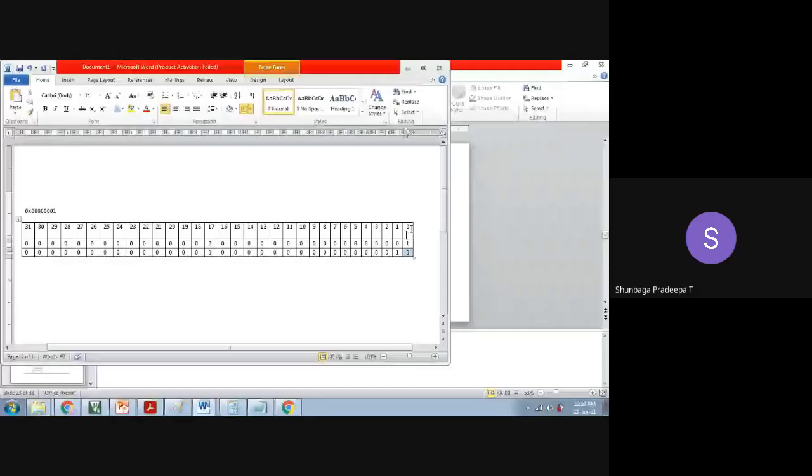The LSB is now loaded with 0. I'm just showing with 1 bit, but you can do it with any number of bits. If you write the bit position values, it is equivalent to 8421, right?